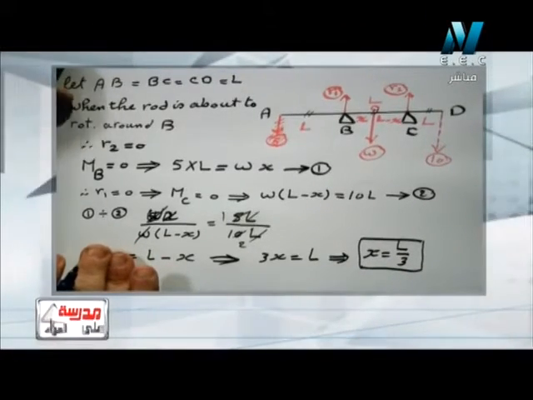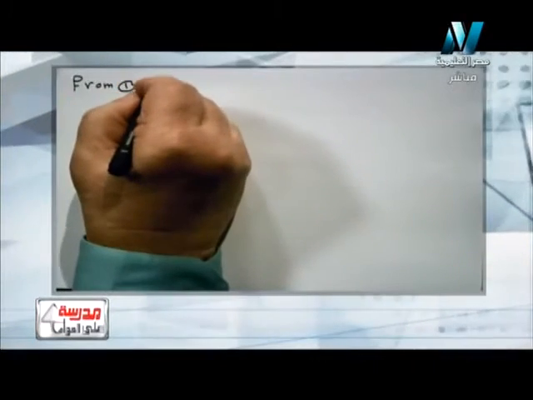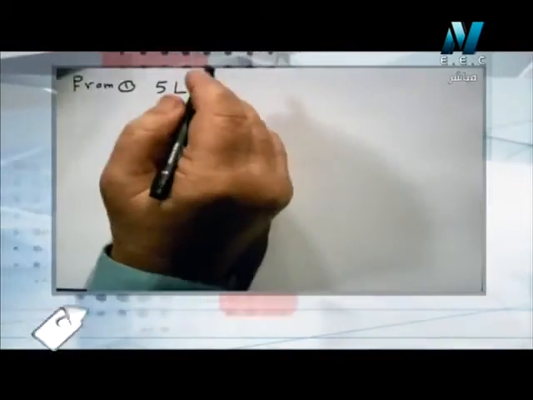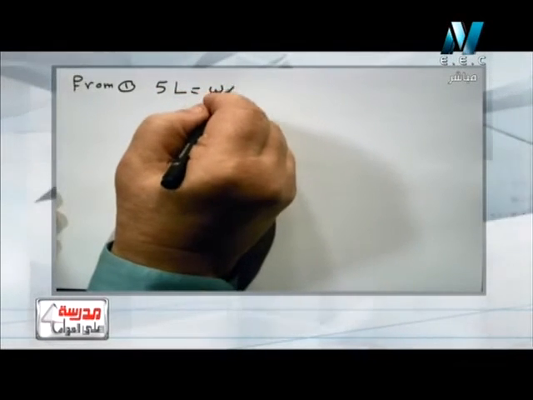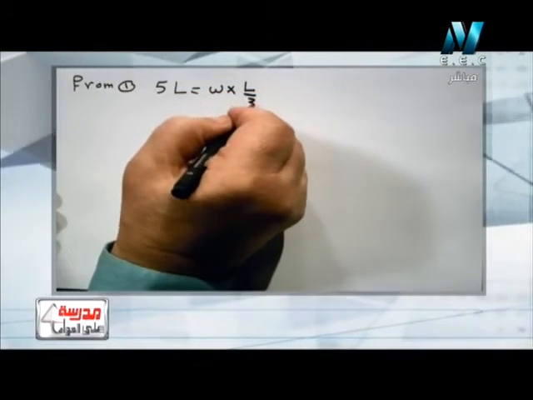To find the W we have to substitute in 1 or in 2. Of course 1 will be easier, so we say from 1, 5L equals WX and X is L over 3, so W multiplied by L over 3.